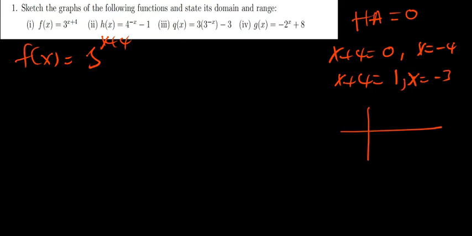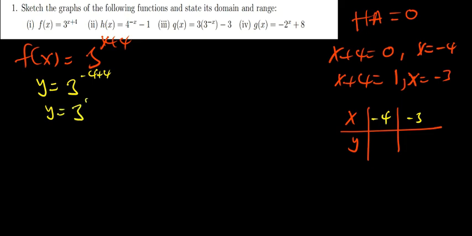So I have this x, y. So when x is negative 4 and when x is negative 3, what will be the value of y? Y is equal to 3 raised to the power negative 4 plus 4. That gives me 3 raised to the power 0. Y is equal to 1. So there is 1.